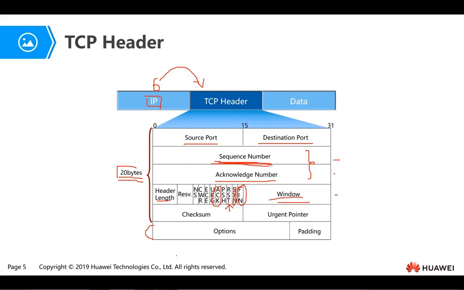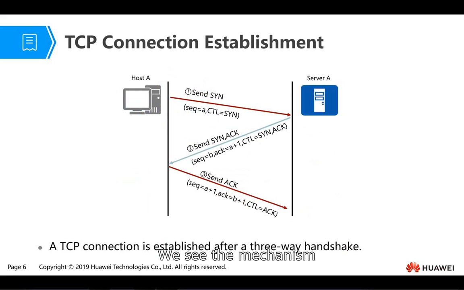And then we see the mechanism of TCP connection establishment. The TCP connection is established using the famous three-way handshake.